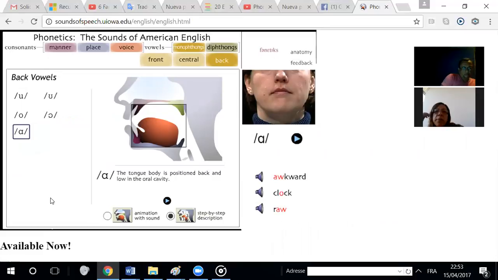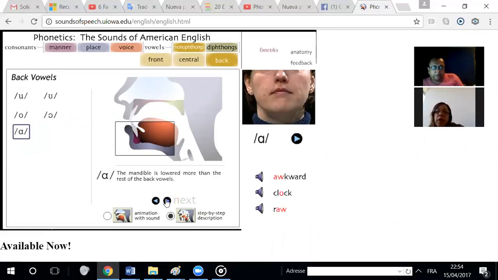The tongue body is positioned back and low in the oral cavity. The mandible is lowered more than the rest of the back vowels.